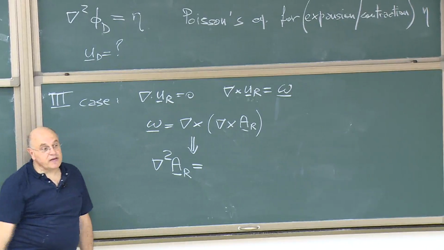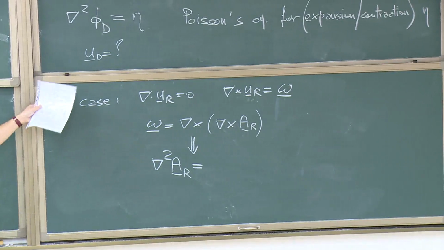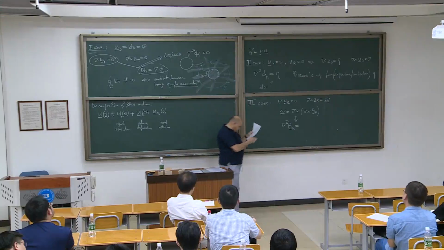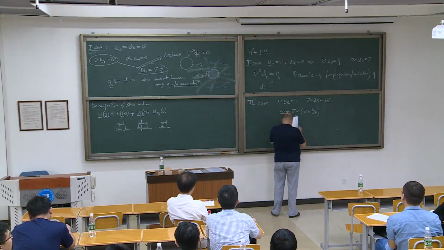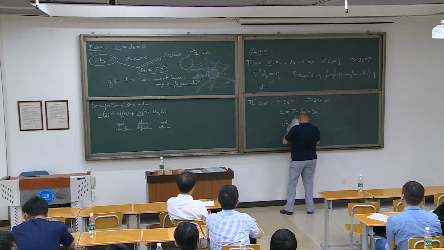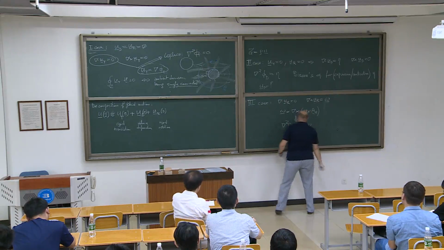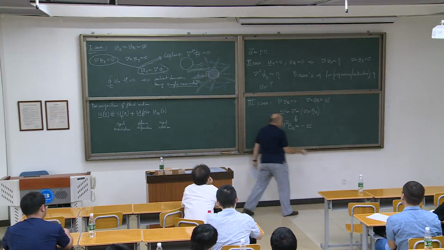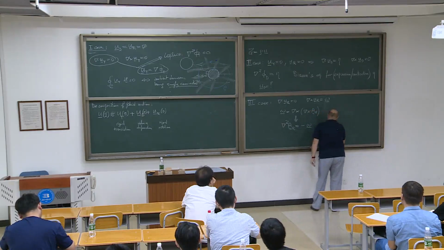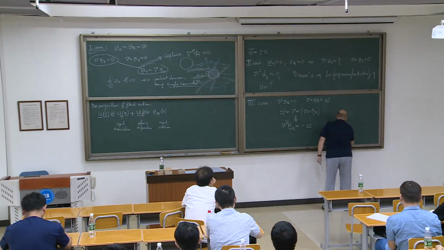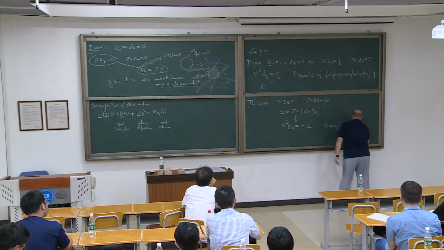That's why I didn't want to spend time on that one, because that one is kind of simpler than the one I want to talk about. And the one I want to talk about is this, minus omega. So this is, of course, the Poisson equation for vorticity.